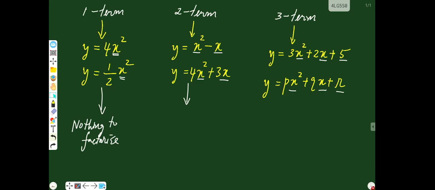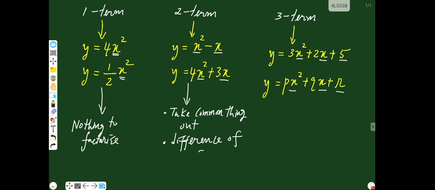You can take the common things out. Then secondly, you can use the difference of squares. That's how you factorize the two-term quadratics.